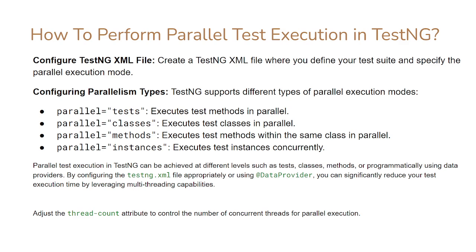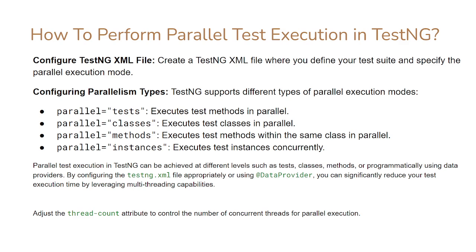Now, how to perform parallel tests in TestNG. First, you need to configure a TestNG XML. Create a TestNG XML file where you can define your test suites and specify a parallel execution mode. Next is configure parallelism types. In the TestNG XML, you should configure your parallelism types.